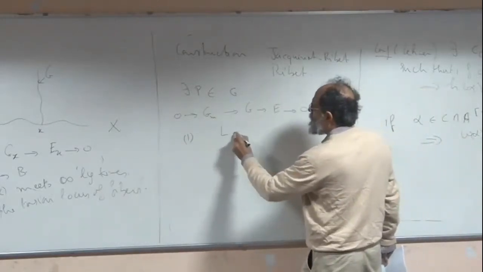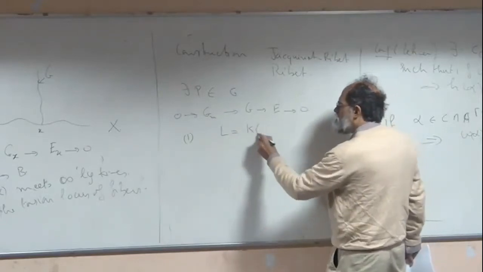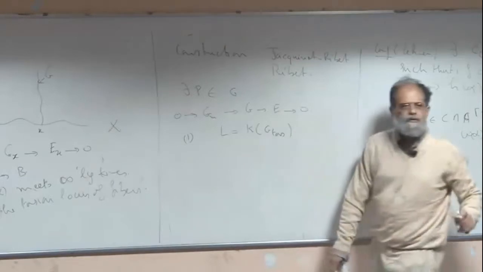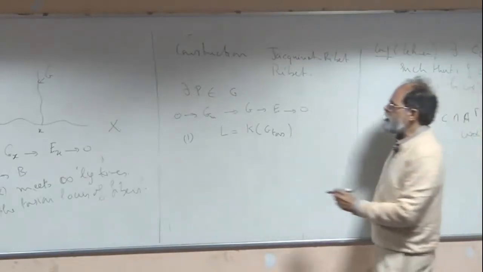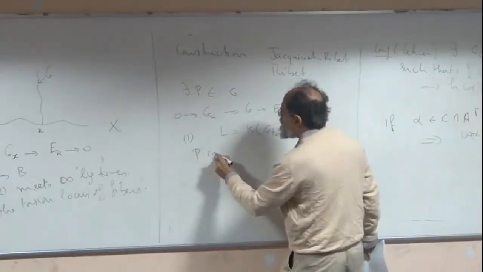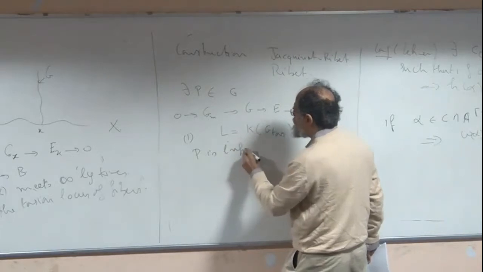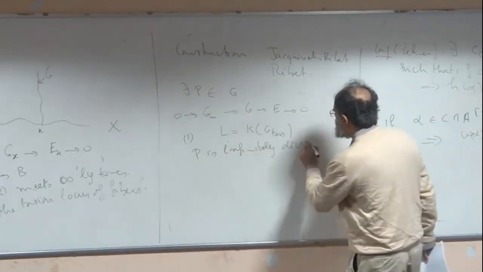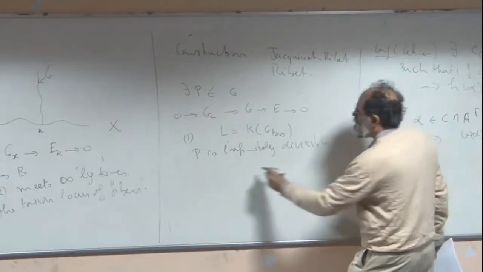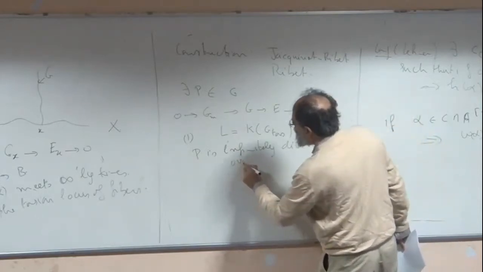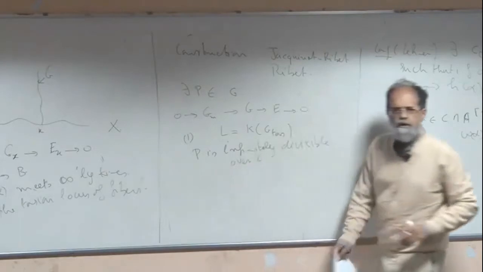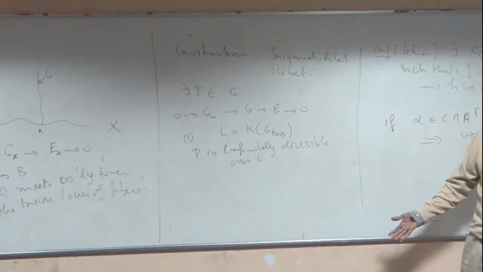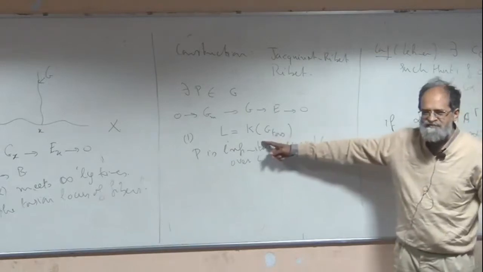Firstly, if you take L to be the base field generated by all the torsion points, so it's a huge field, then P is infinitely divisible over L. In other words, you can perform Kummer theory without having to extend the base field.